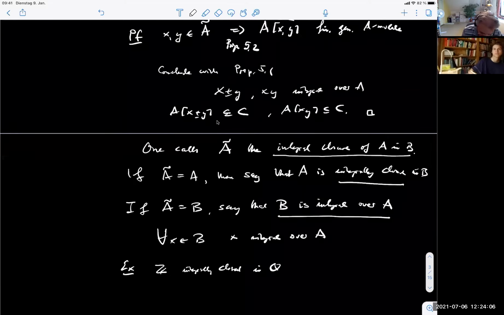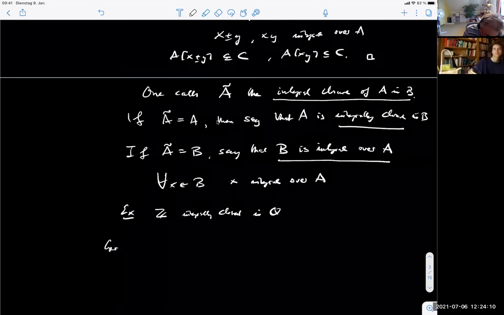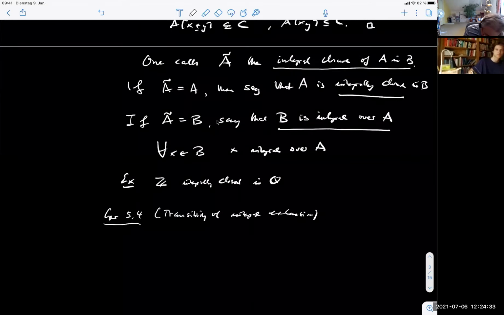Okay, so another property: now the transitivity of integral dependence. It's almost done, but this is transitivity. We know it already for modules that are finitely generated. Now we get this.